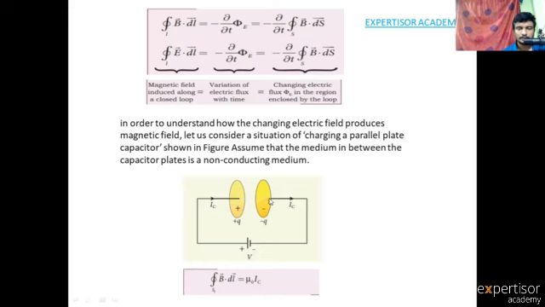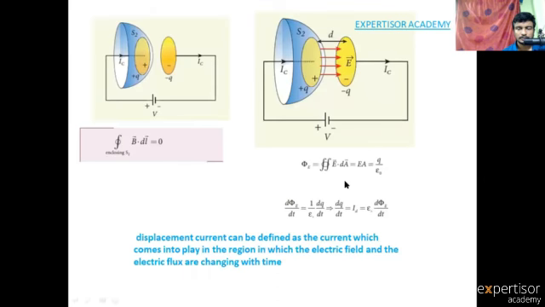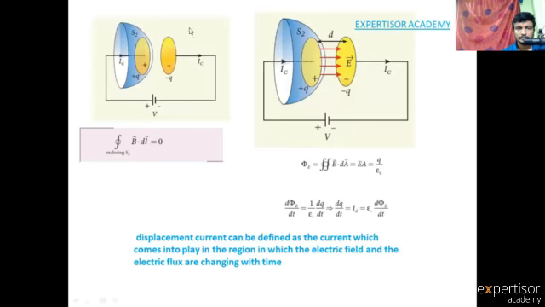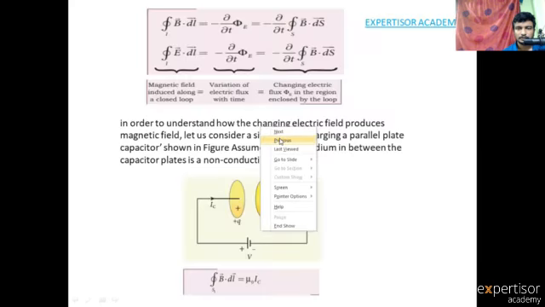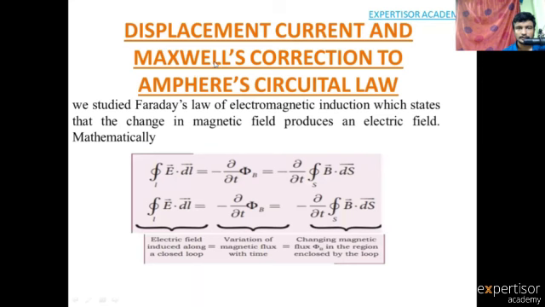So here we are considering the parallel plate capacitor, and also observe the displacement current and conduction current by the propagation of charge from the positive terminal of the capacitor to the negative terminal of the capacitor. So this is the information about displacement current and Maxwell's correction to Ampere's circuital law.